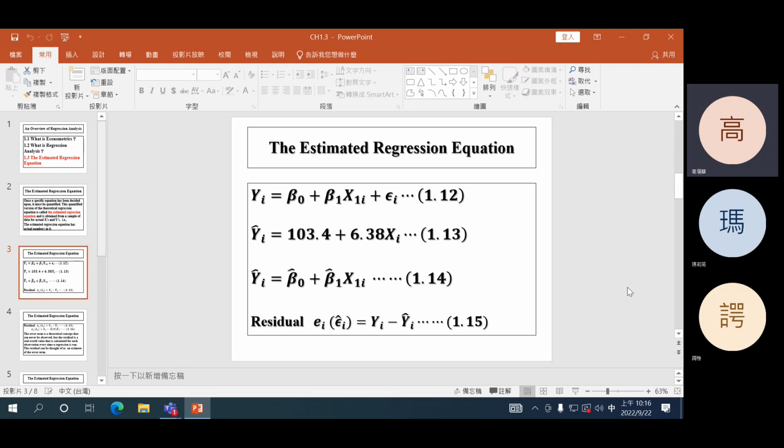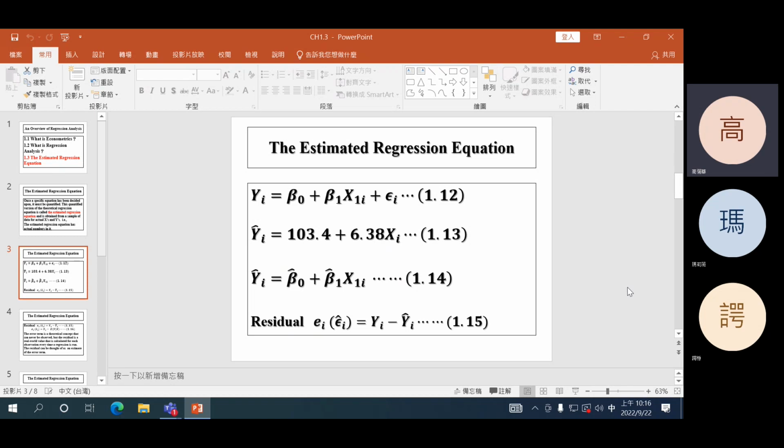Then 1.13 is after we collect the sample from X and Y and use some statistical methods, which we are going to explain in chapter 2. This is the technique we use, and we end up with some numbers. This is equation 1.13.